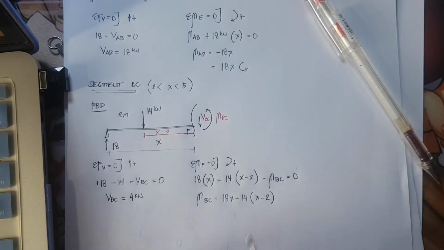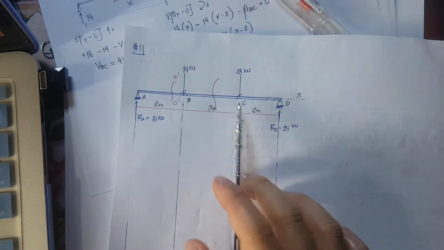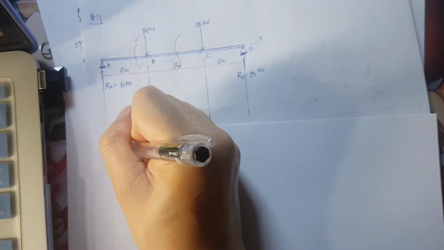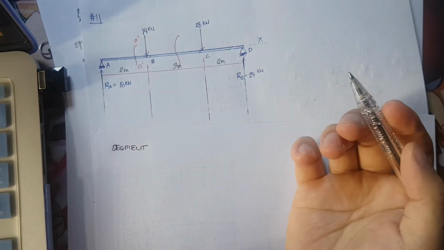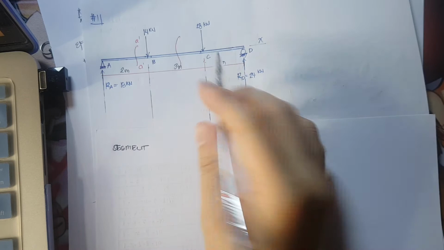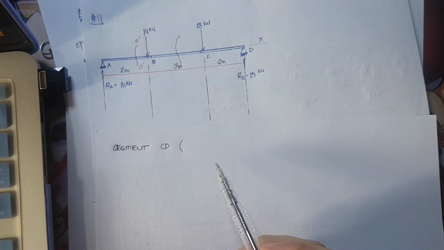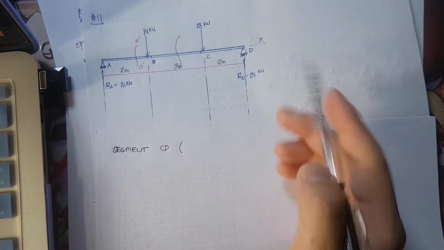Okay. Next would be segment CD. So for segment, sorry, segment CD, the distance x that we're going to consider is from 5 to 7.